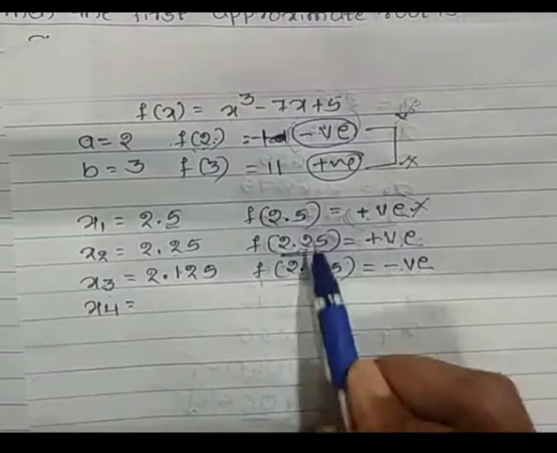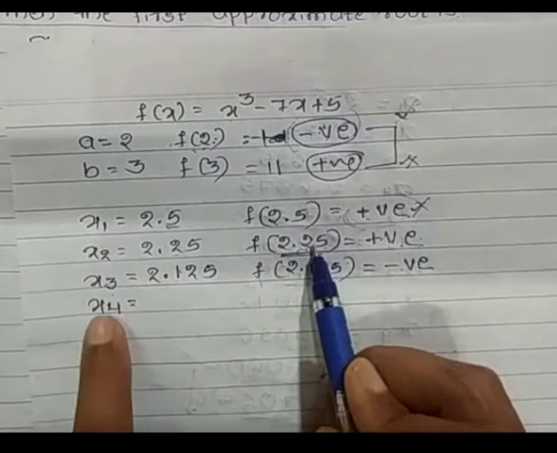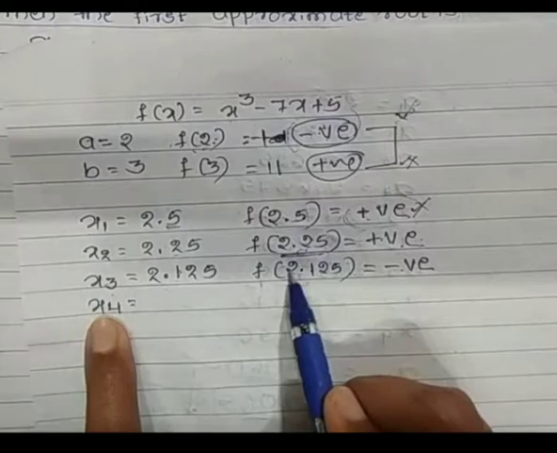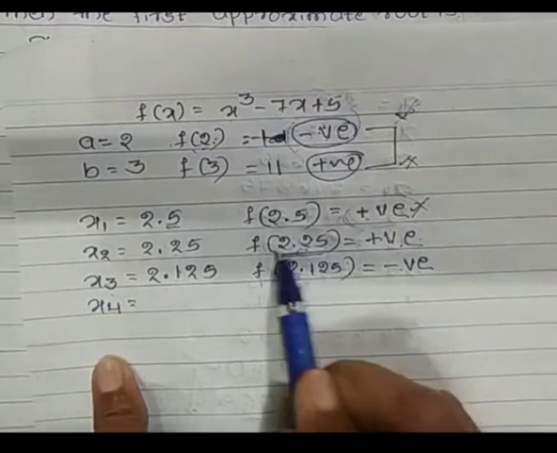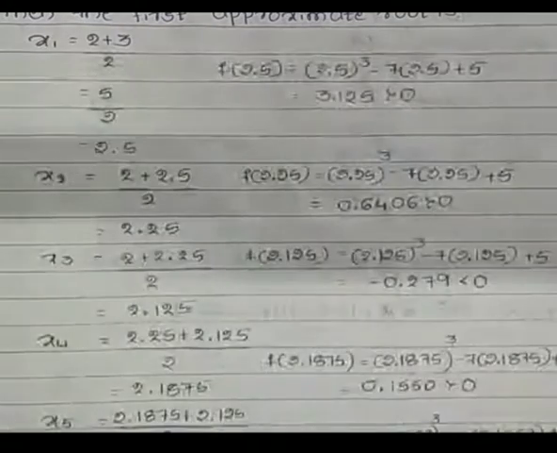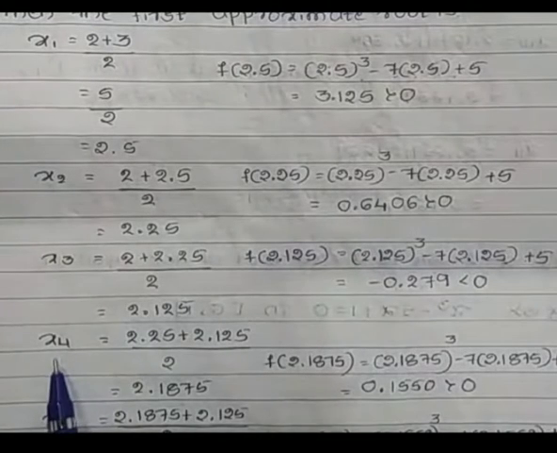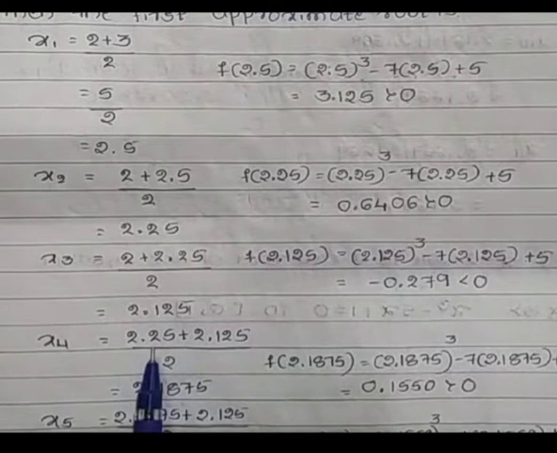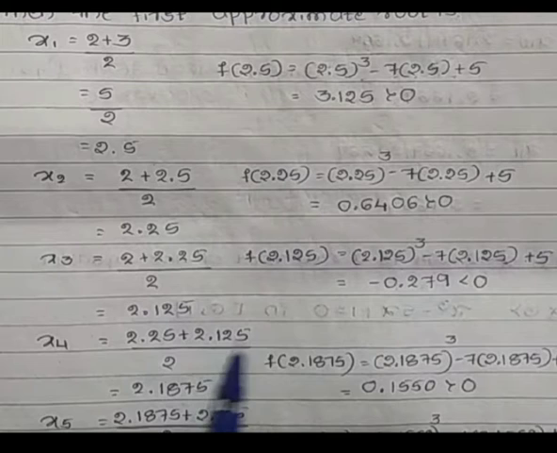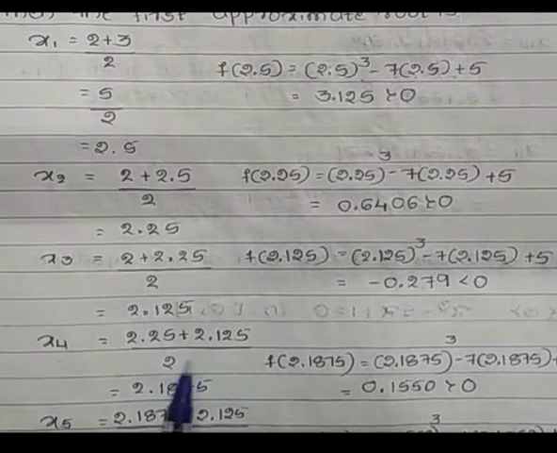So negative and a positive means, to calculate x4 consider 2.125 and 2.25. To calculate x4, 2.25 plus 2.125 divided by 2 will get 2.1875. This is x4, the fourth approximation.